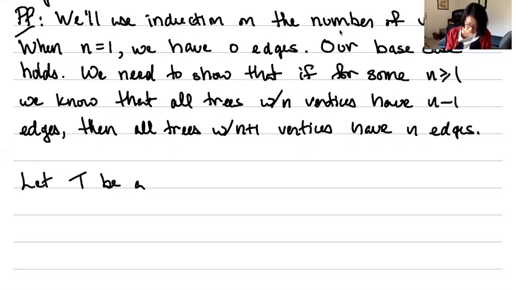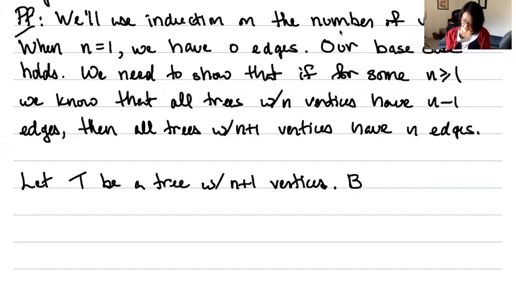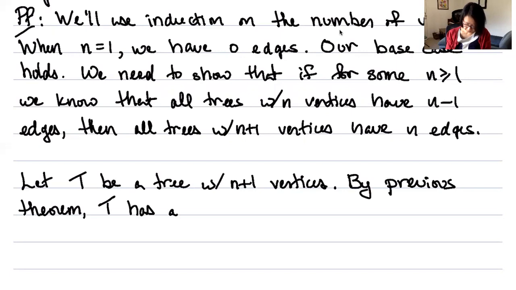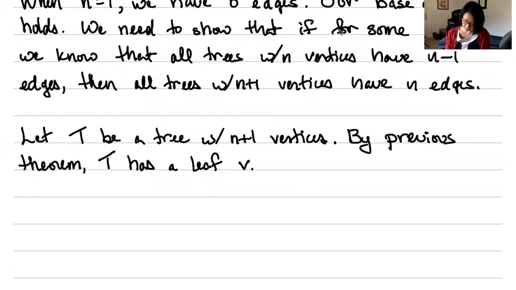Okay, so let T be a tree with n+1 vertices, because that's what we want to know about. Then by the previous theorem, T has a leaf, V. Okay, so this is a vertex of degree 1. And now I want to define a new tree.